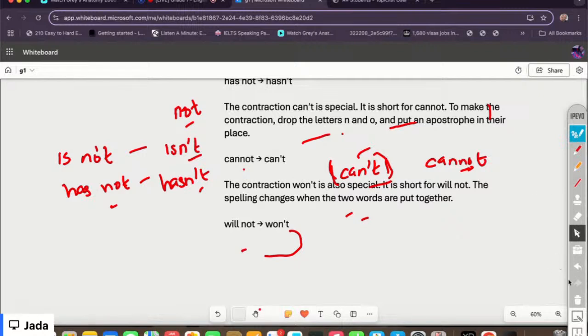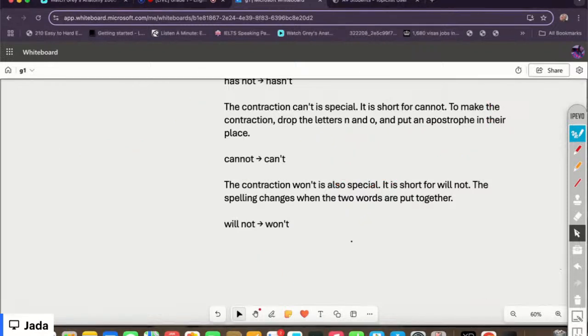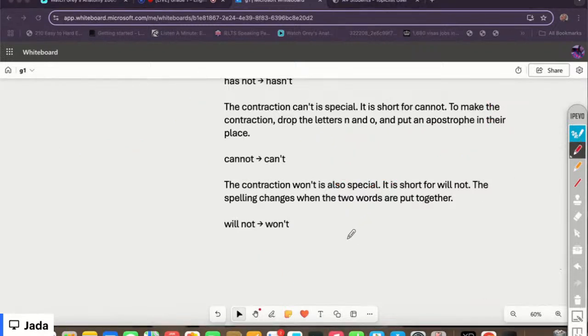Also, we have won't. The contraction won't is also special. It is short for will not. The spelling changes when the two words are put together.